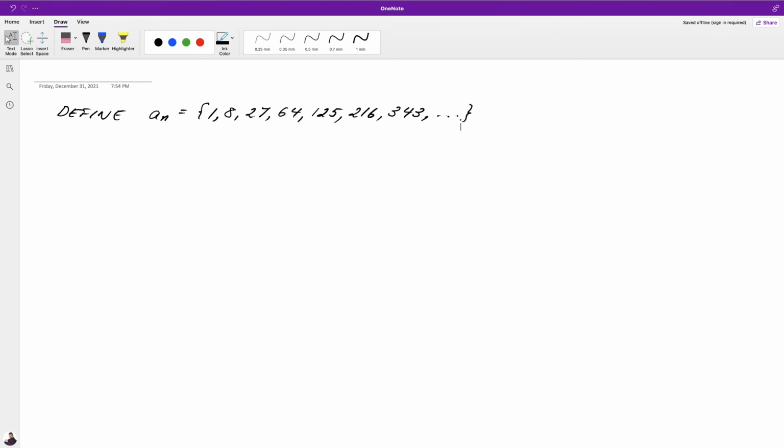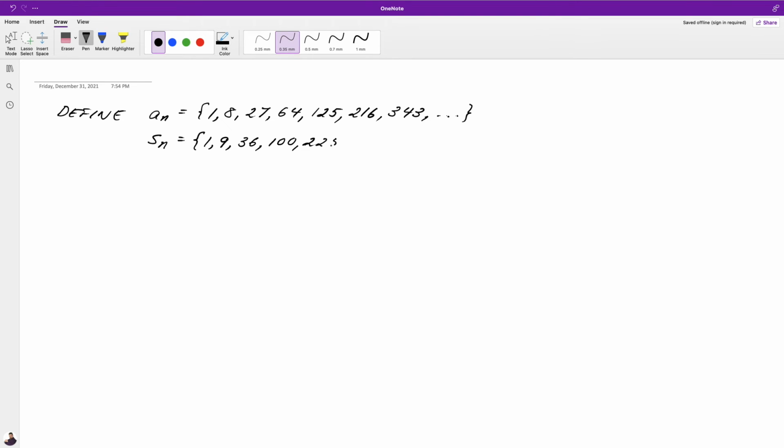Now, we want to also establish a sequence of partial sums so we can hopefully describe a pattern developing here. So the first partial sum is obviously going to be 1, and then 1 plus 8, which is 9. 1 plus 8 plus 27, so 36. And then plus 64, so 100.